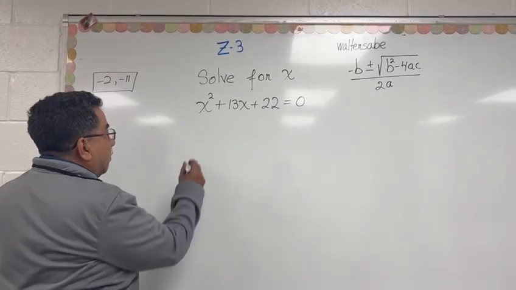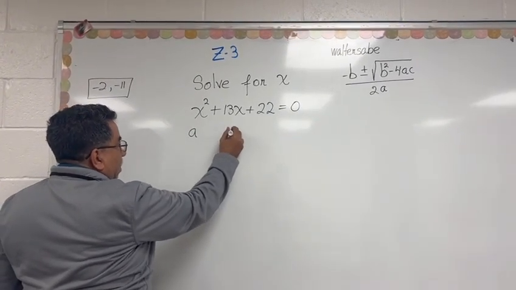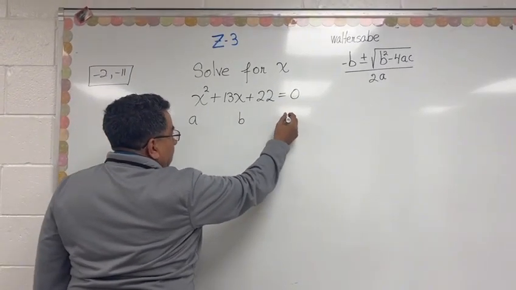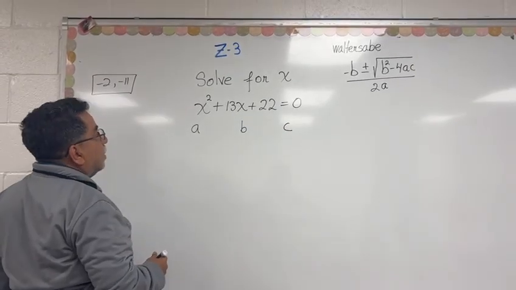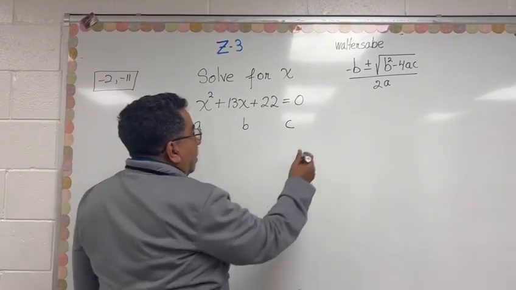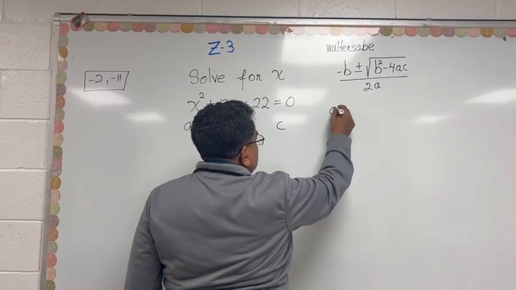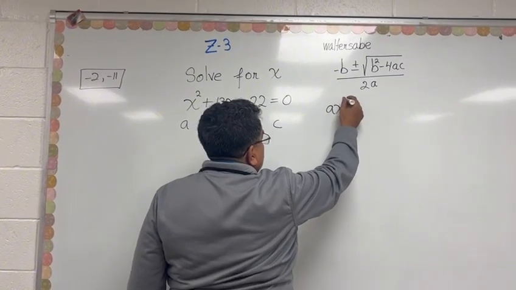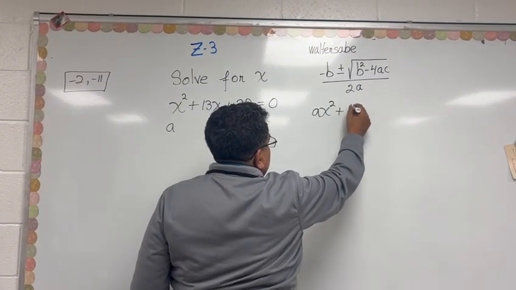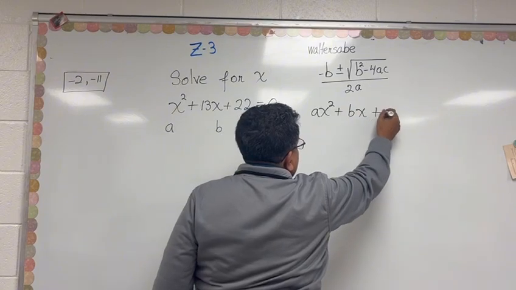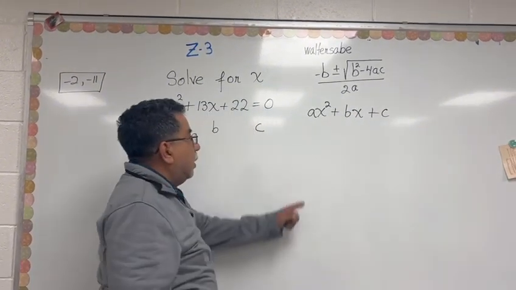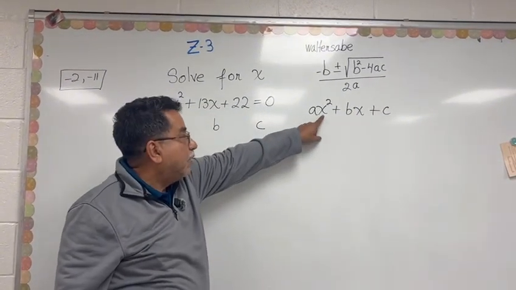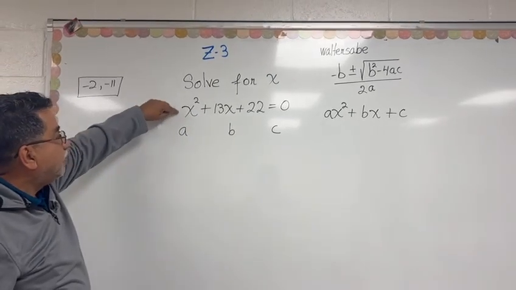First thing you need to do, find A, B, and C. And the quadratic always use this form. Okay? A is always the number next to the x squared. In this case, you don't see a number.